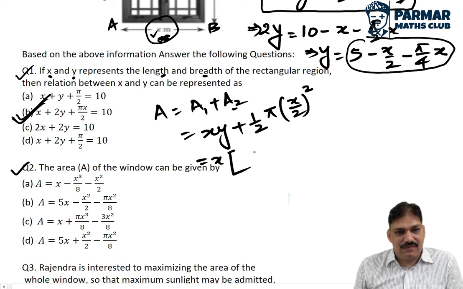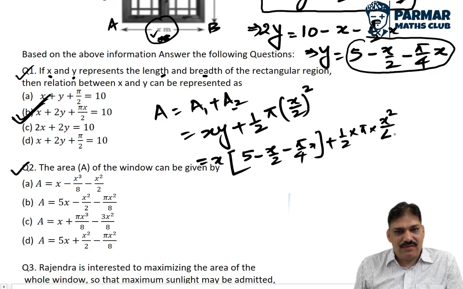Alright, this is actually (5 minus x/2 minus (pi/4)x) times x plus half of pi into x square by 4.